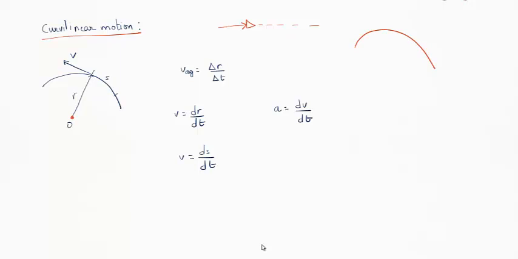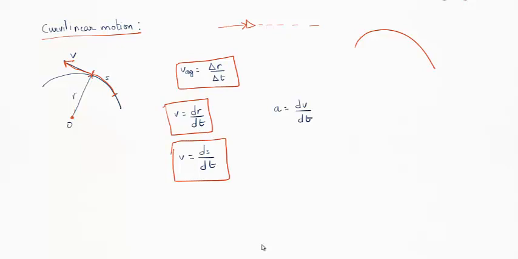We have the center O, the radius R, and then we have V, which is going to be tangential, and the distance along this curve is going to be S. So the average velocity is delta r over delta t, the instantaneous is dr/dt, which is also ds/dt, and same as before, a is dv/dt. This is basically the same as we did before, it's just that the nature of the motion of the particle is different here.